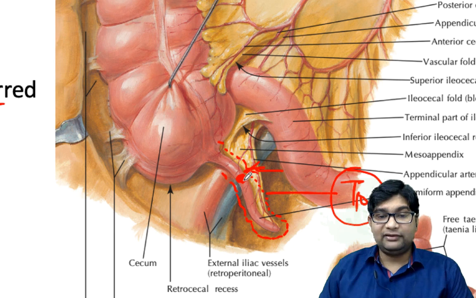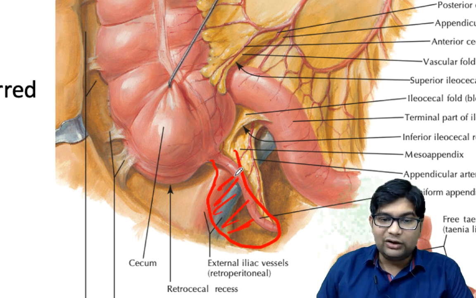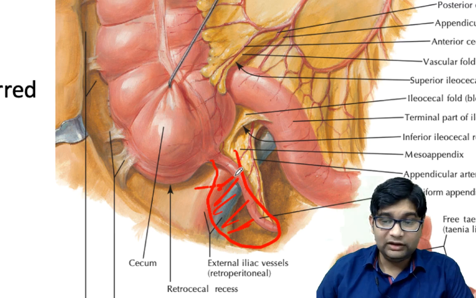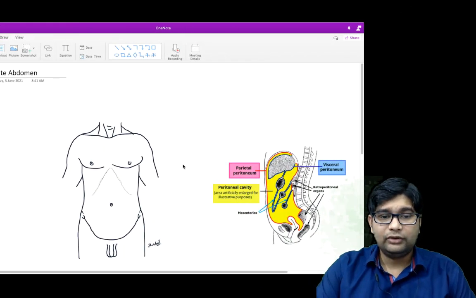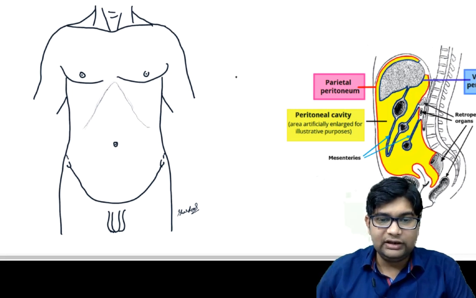What happens is that once the disease pathology and inflammation keep on increasing, it also involves the peritoneum, the parietal peritoneum.